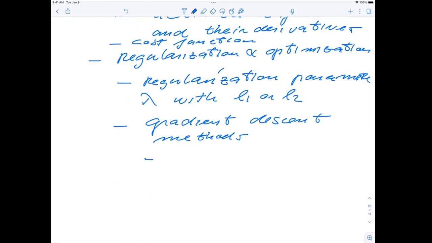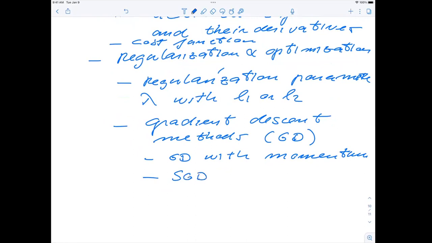So you have GD for gradient descent, GD with momentum, which is a standard way to speed up the gradient descent. You can do stochastic gradient descent, which we normally write as SGD, with and without momentum. These are just methods to speed up the iterative process.